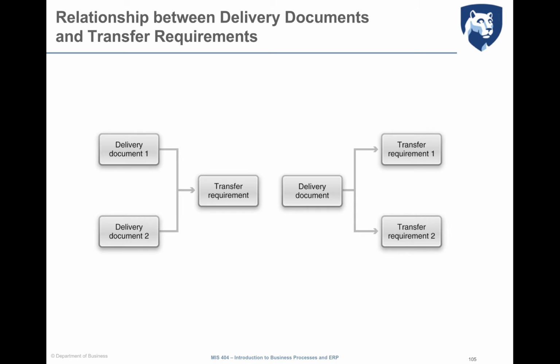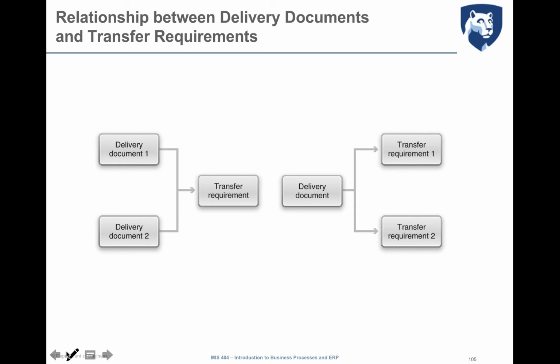Of course, stepping from this to the effective delivery, we need to pick up the product and so on. And in order to do that, we need the delivery document. So the delivery document is converted into a transfer order in warehouse management, and the transfer order is then used to complete the physical movement of the materials needed for the shipment.